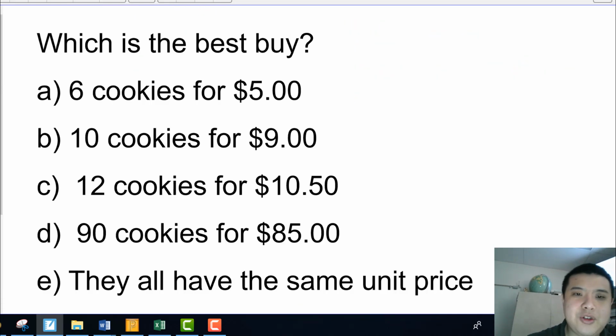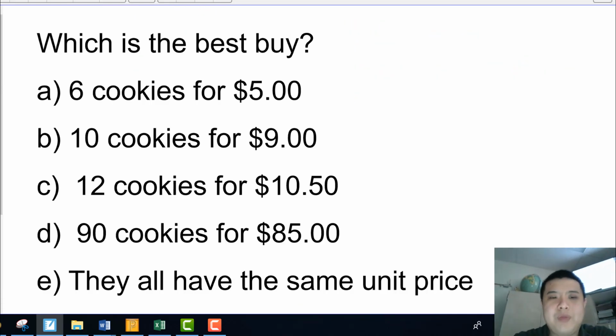The final question we're going to address is this one. Which one is the best buy? 6 cookies for $5, 10 cookies for $9, 12 cookies for $10.50, 90 cookies for $85. So which one gets us our best value? In order to do this, we need to find the ratio of the cost to cookies so that we find out how much each cookie costs.